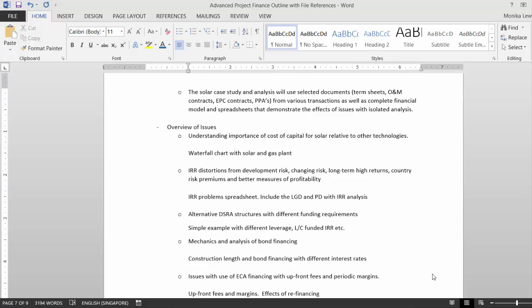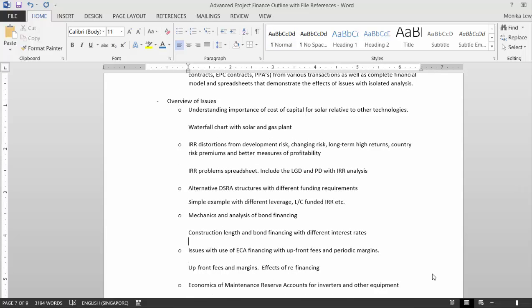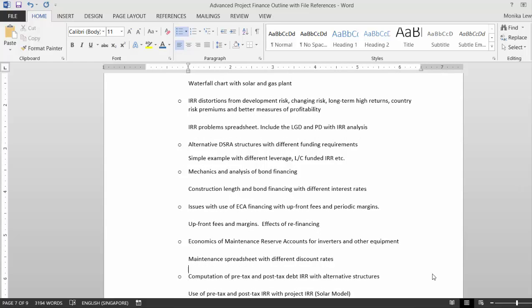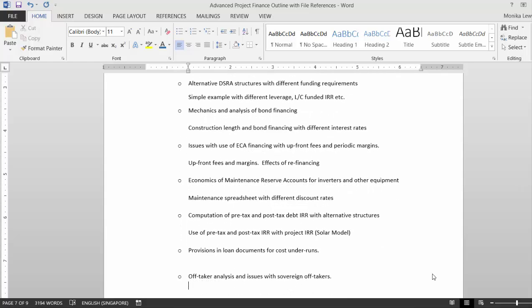What effect does that have on IRRs, and what's the effect of bond financing, other things with different spreadsheets. If we use an ECA and have upfront margins, how does that affect things? What's the maintenance account? So that's just an introduction.